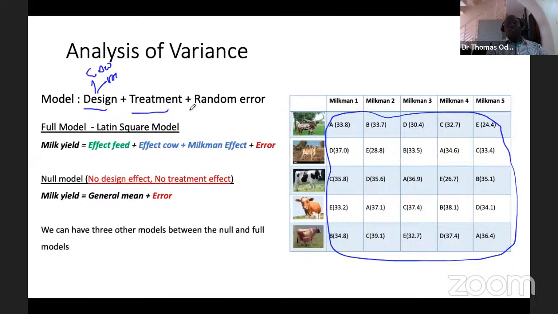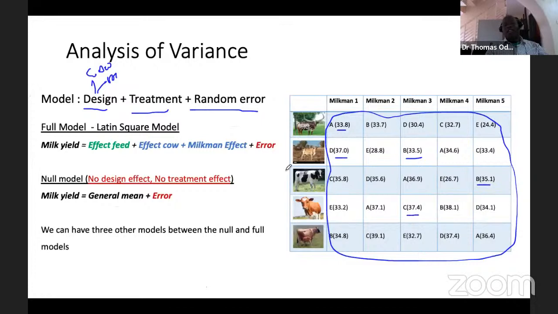And then, of course, the random error: if we account for every other thing, whatever remains is what we call our random error. That is our noise. So this model of ours is trying to explain this variation here. How come this value is different from that value, is different from that value?